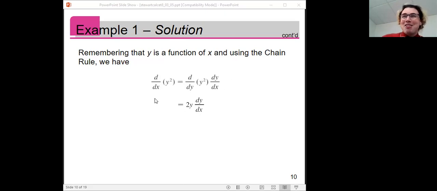So I'm just pausing here a bit because they have decided to write the chain rule in Leibniz notation. And though I am partial to that, it's not always the most convenient way to write the chain rule. Here we have 2y dy on dx. Or if you prefer, the derivative of this could be 2y y prime, right? Just a different way to write that idea.